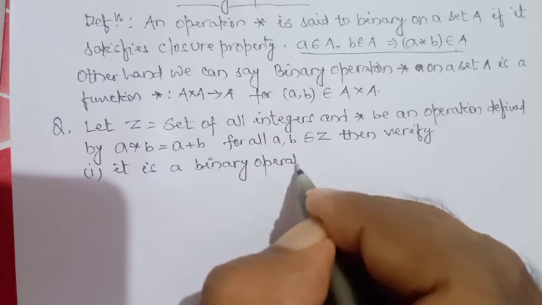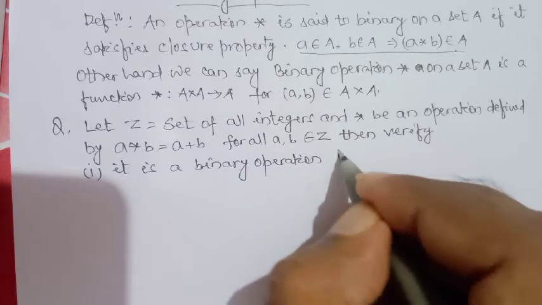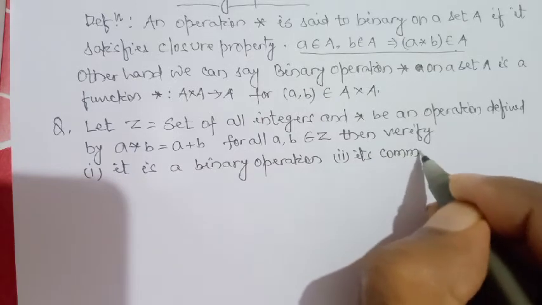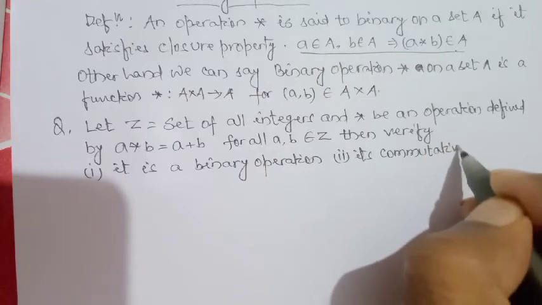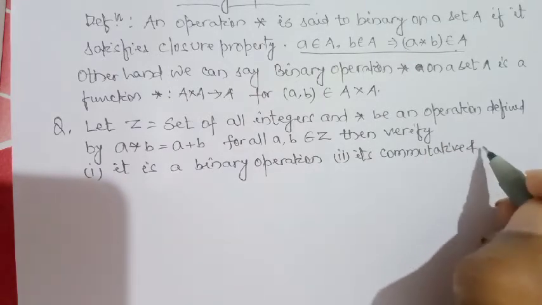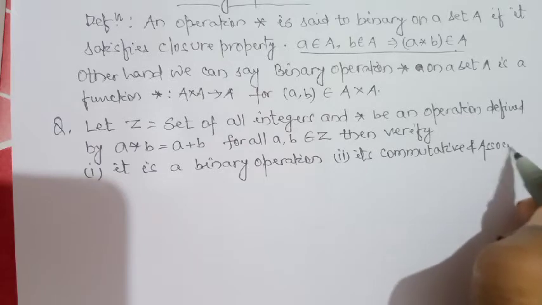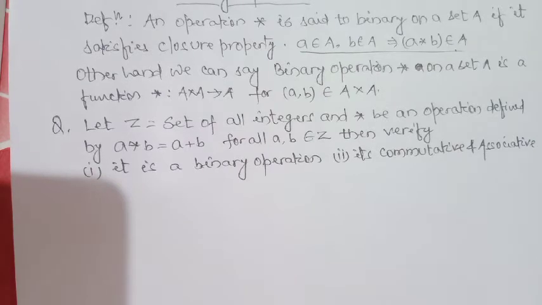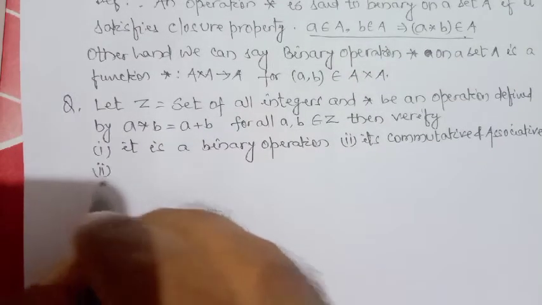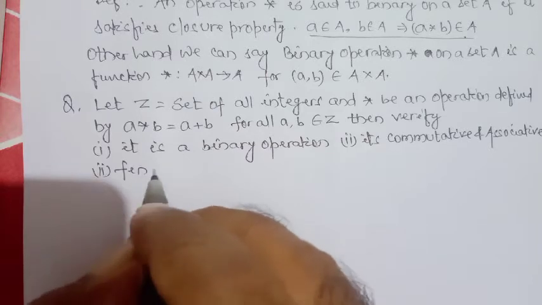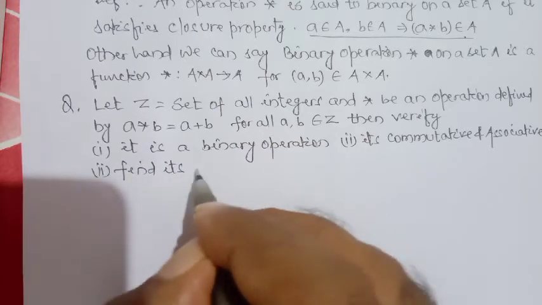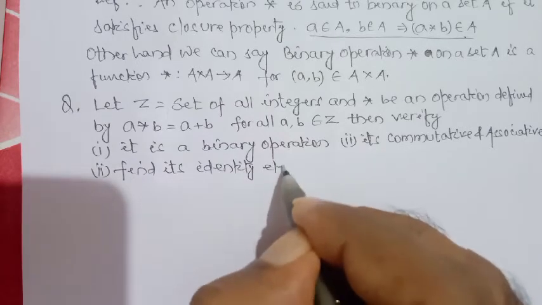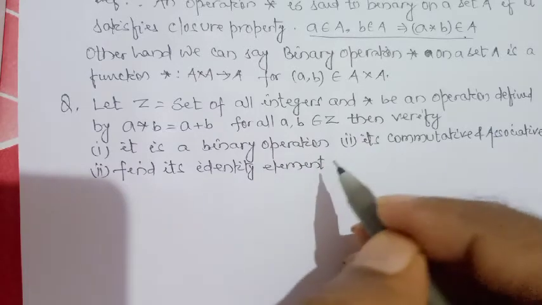Number two, it is commutative and associative, commutative law and associative law. Then find its identity element and inverse element.